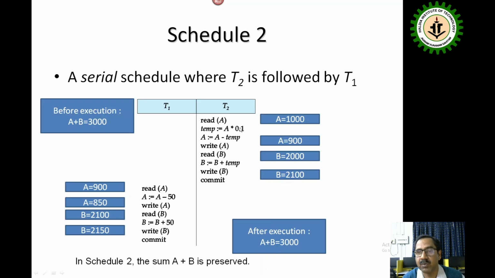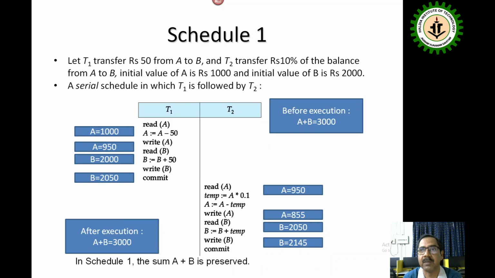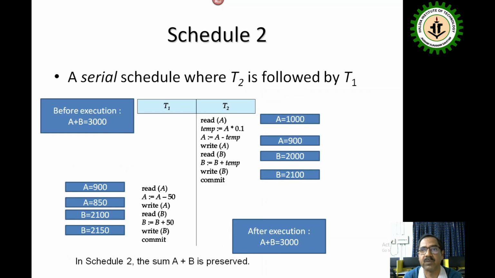In this case, we consider T2 followed by T1, so T2 executes first, then T1 starts its execution, assuming the same conditions. That means initial value of A is 1000, initial value of B is 2000, rupees 50 transfer from A to B by T1, and 10% of the balance will transfer from A to B by T2.